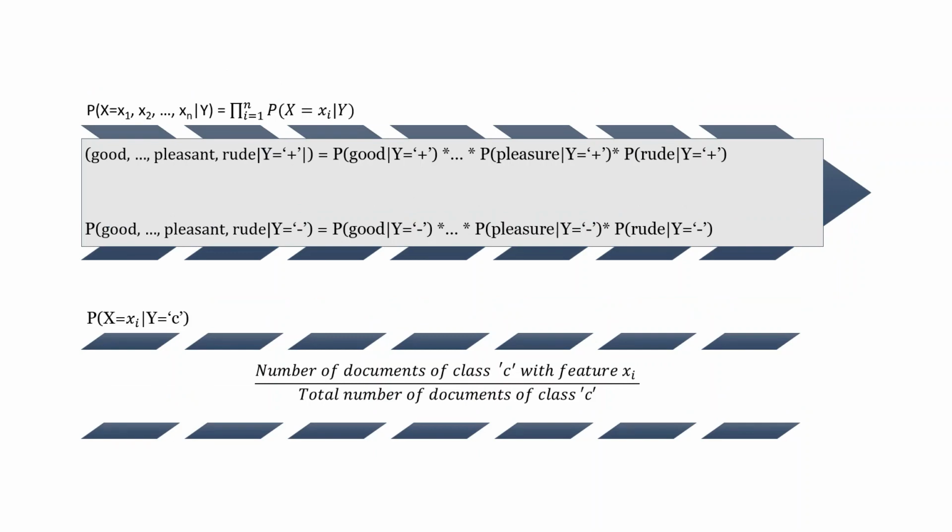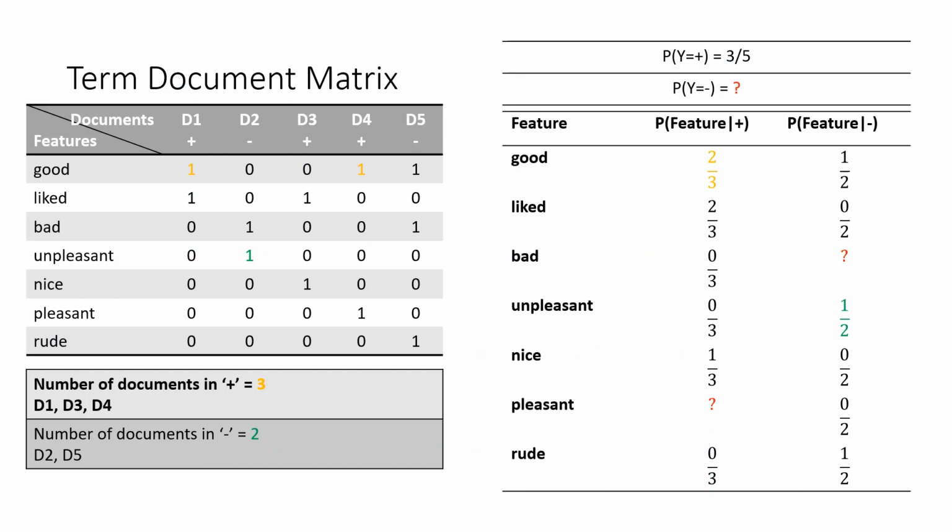We find the probability of a feature given a class C as the number of documents of class C in which feature xi occurs divided by the total number of documents of class C. Based on the formula, the probability of good given positive will be 2 by 3, because remember, in the probability of a feature given positive, the denominator will be 3, as the total number of documents in the positive class is 3.